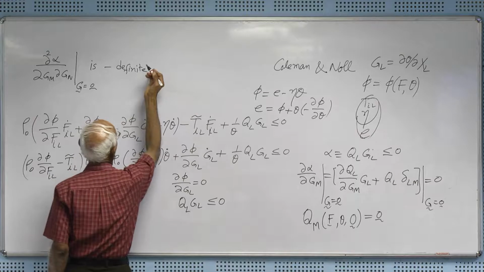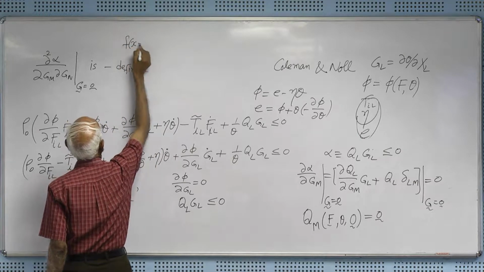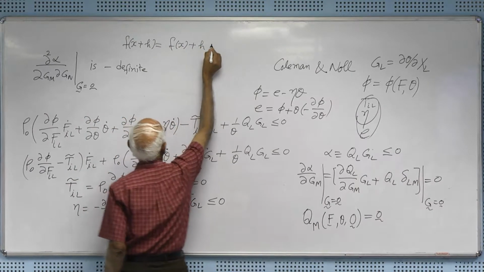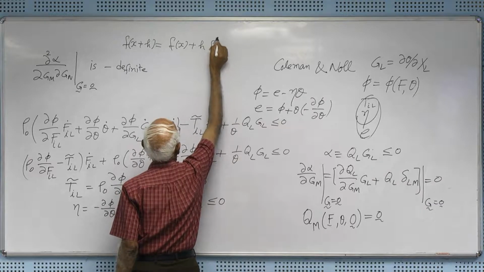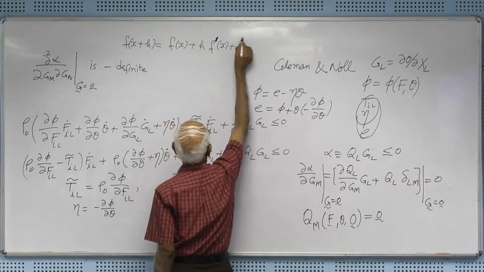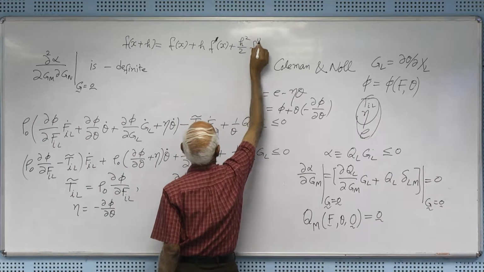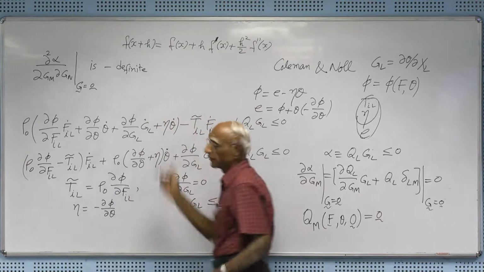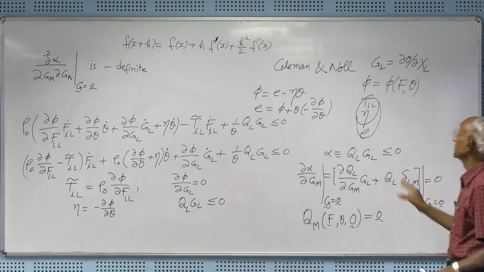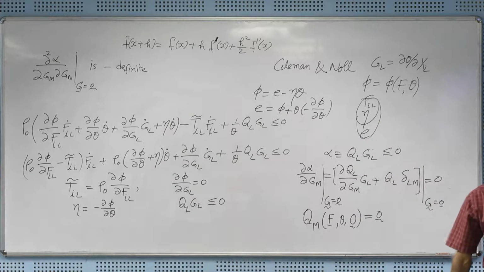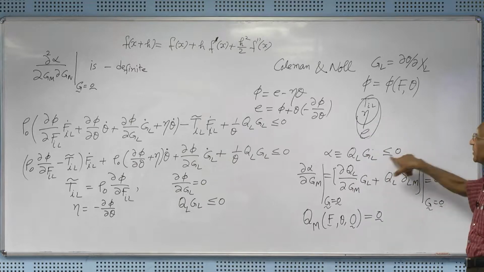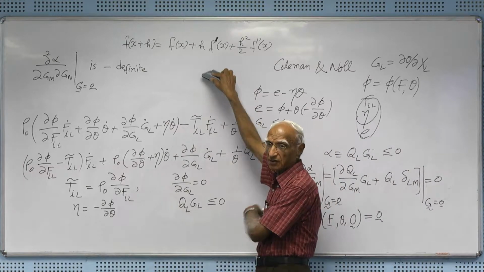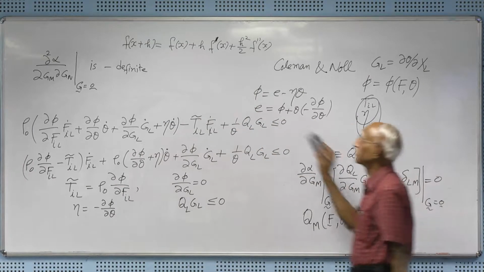And if you want to see how it is, you can look at the Taylor series expansion. That's f of x plus h f prime of x plus h squared over 2 f double prime of x. If f is maximum at h equal to 0, this term we are saying is 0 because we set the first derivative equal to 0.